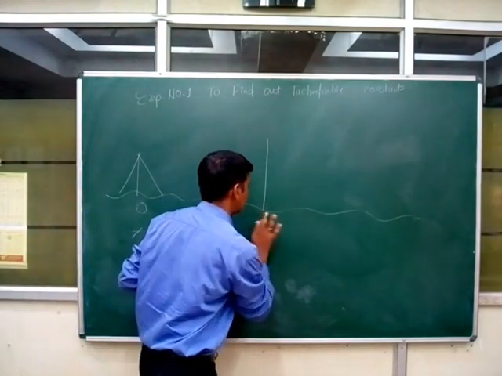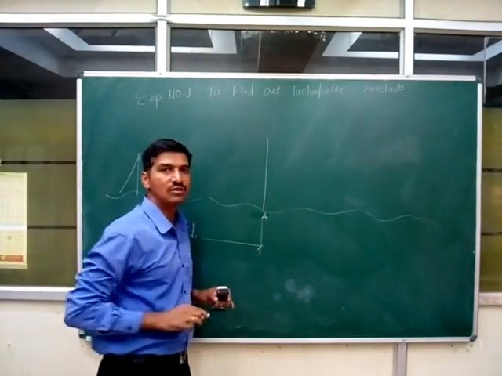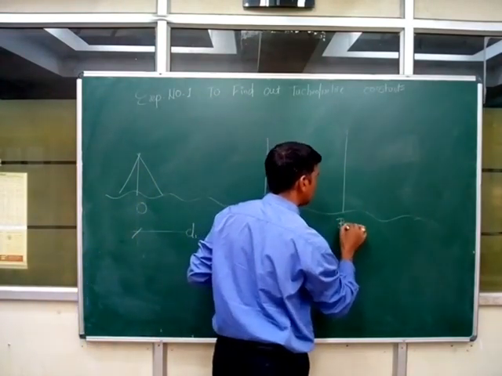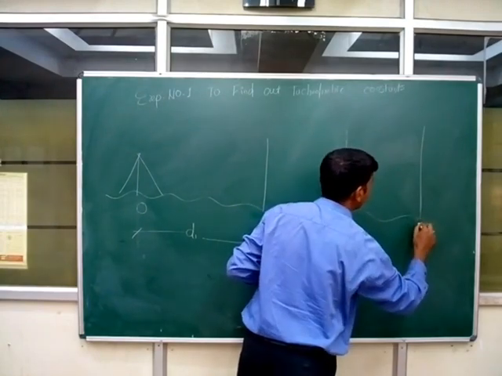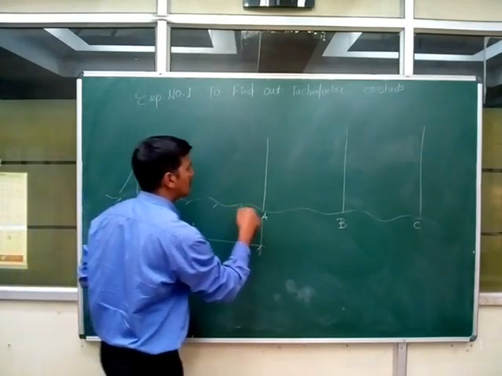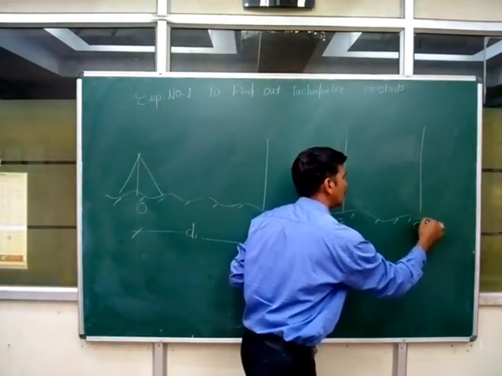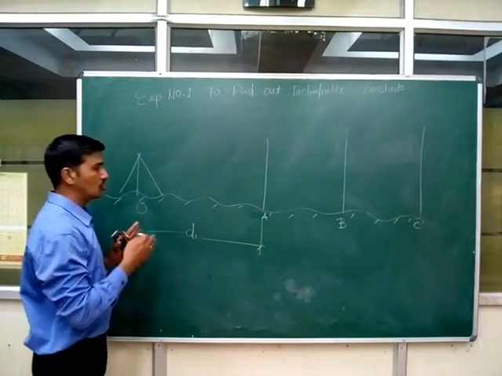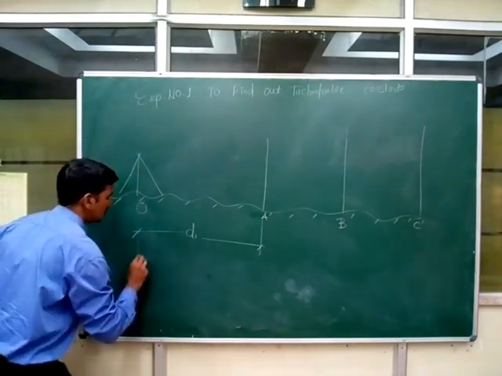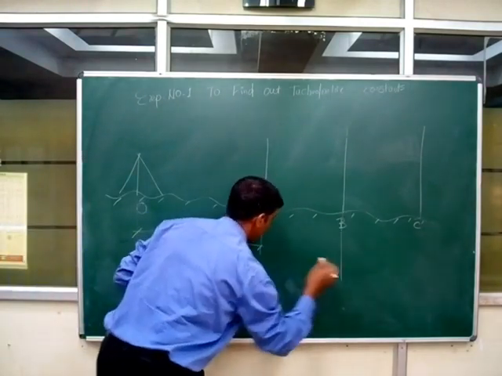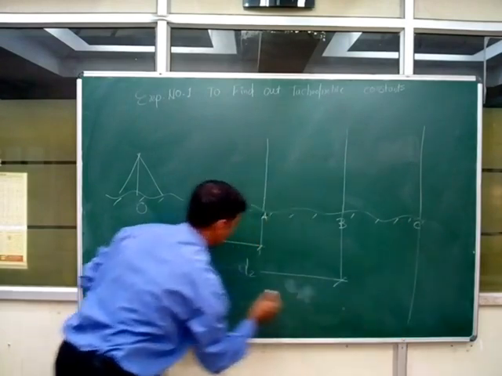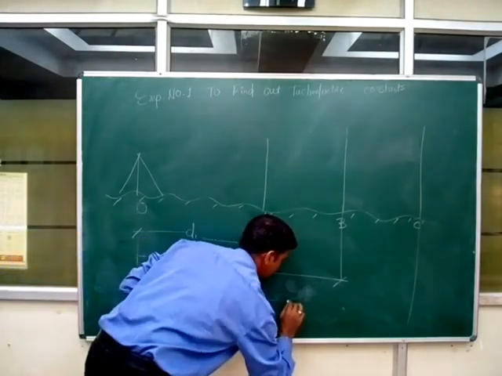Let us say that staff station is A. Behind A I will select a station, say B, and again behind B we will select a station C. So here I have selected three stations A, B and C in such a way that from instrument station O all three staffs are quite visible. The distances from instrument station O to the respective staff stations are D1, D2 and D3.